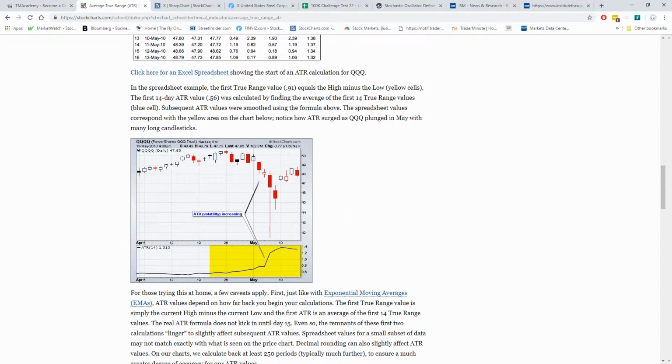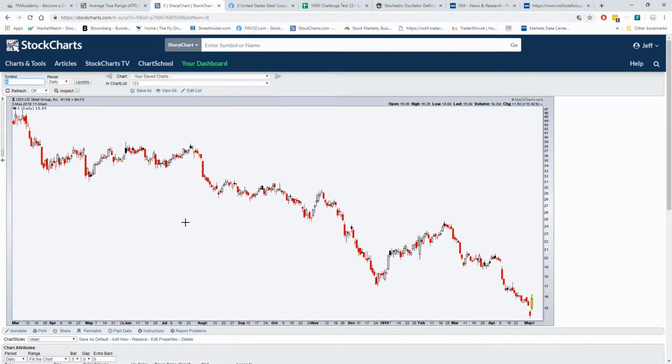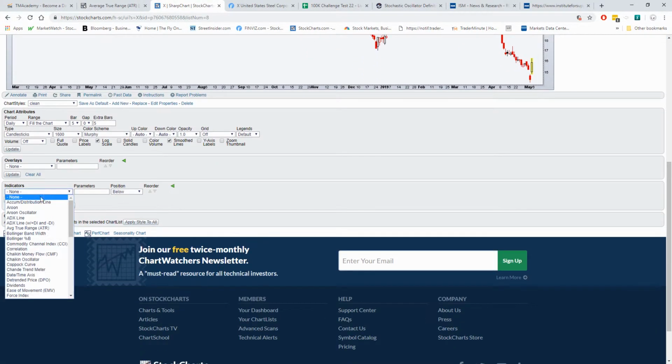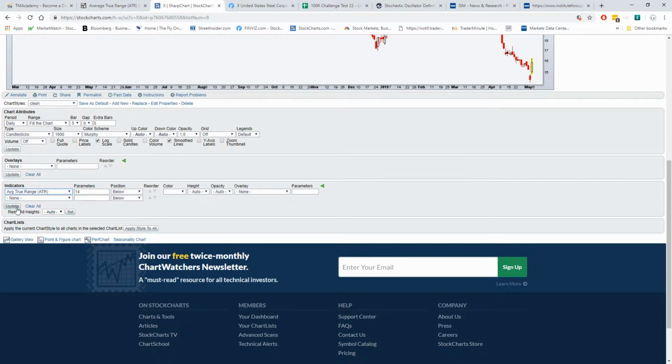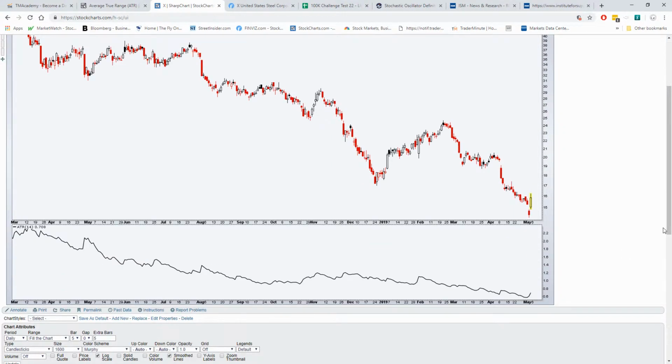So let's take a chart here. U.S. Steel reported earnings today, so let's take a look using U.S. Steel. I'm going to come down to indicators and put on the average true range, and we're going to see something here. The average true range right now is 70 cents.